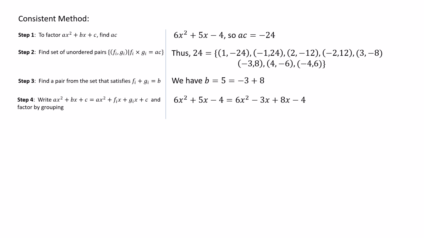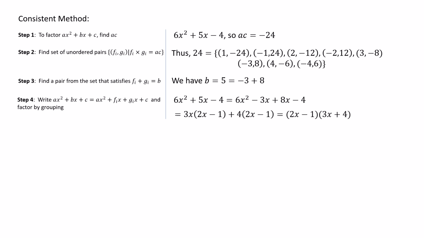In other words, 6 times negative 4 is negative 24, and also negative 3 times 8 is negative 24. Negative 3x plus 8x is positive 5x. So that's why this is a good way of splitting that middle term. And after that, you just group and factor. Group the first two terms and factor, you get the answer.